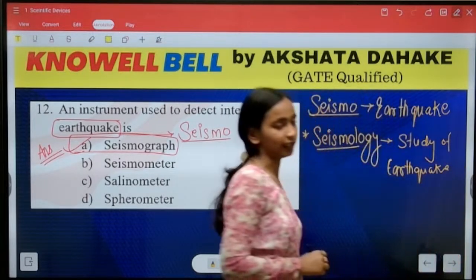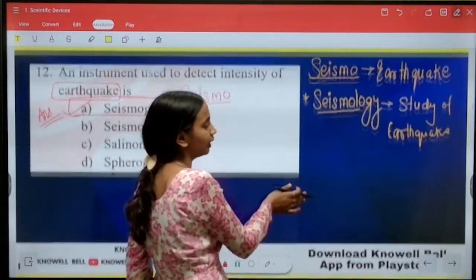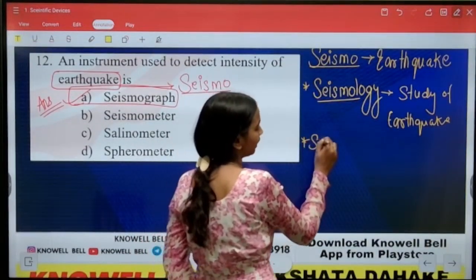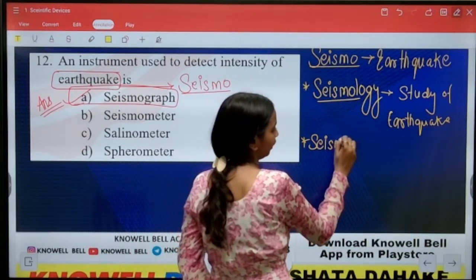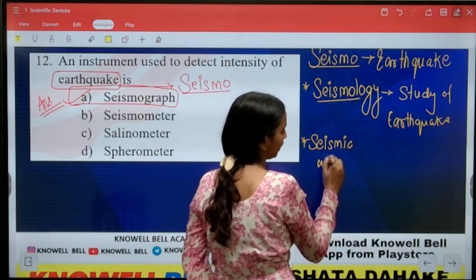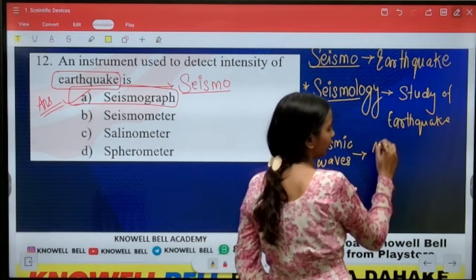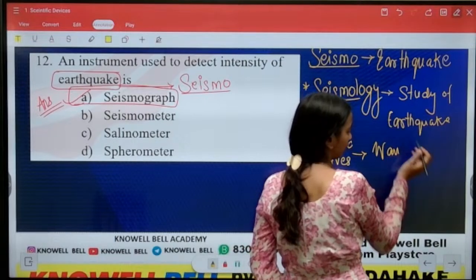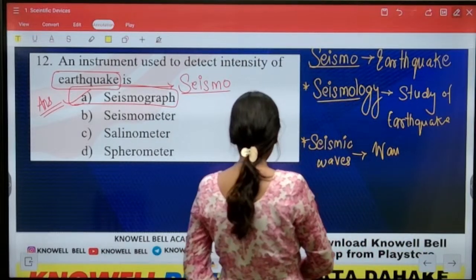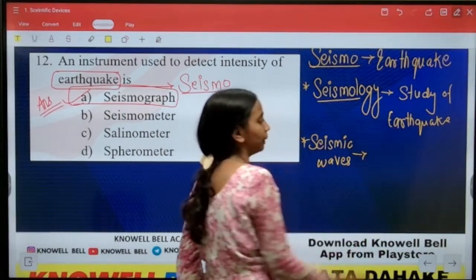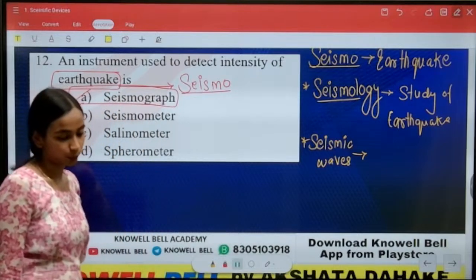Earthquake की जो study होती है, that is called seismology. The same way we use the term seismic waves. What is the meaning of seismic waves? The waves of earthquake. And seismologists are the people who study about earthquakes.